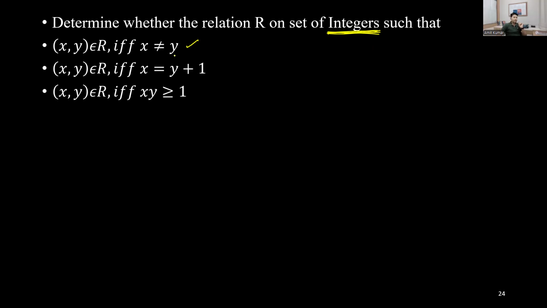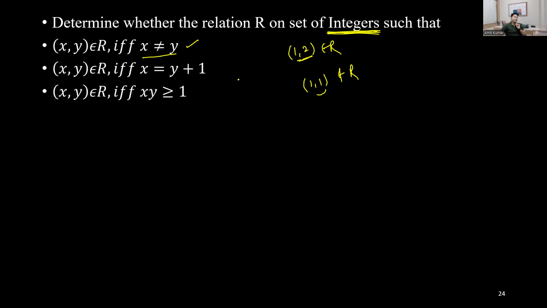If x is not equal to y, then the pair comes in your R. For example, (1, 2) will be there in your R because 1 and 2 are not equal. (1, 1) does not belong to R because they are equal to each other. Understand? So the pair where the first element is not equal to the second one will be there in your R.